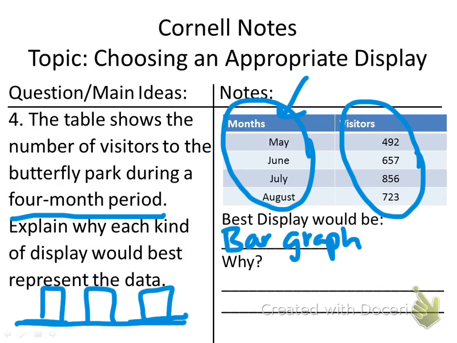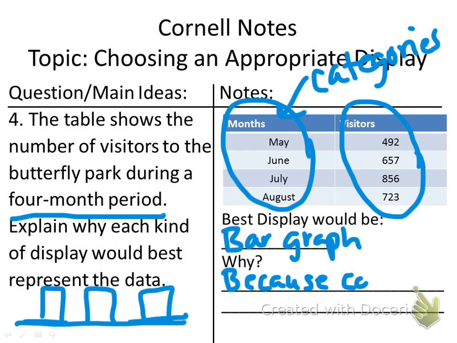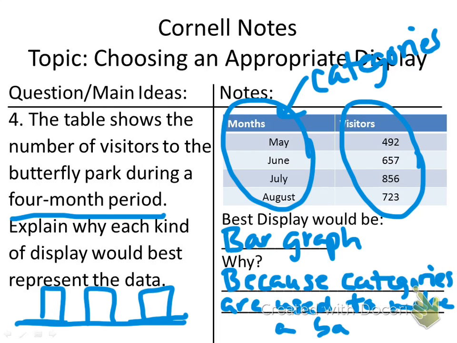So categories makes this a bar graph because categories are used to make a bar graph.